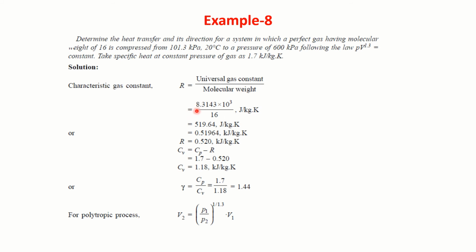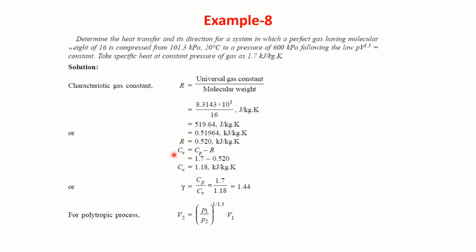Earlier also I mentioned the value of the universal gas constant is 8.3143 into 10 to the power of 3 joule per kg. Molecular weight is 16. From here I will get the specific gas constant, in joule or kilojoule. So I know the R value.